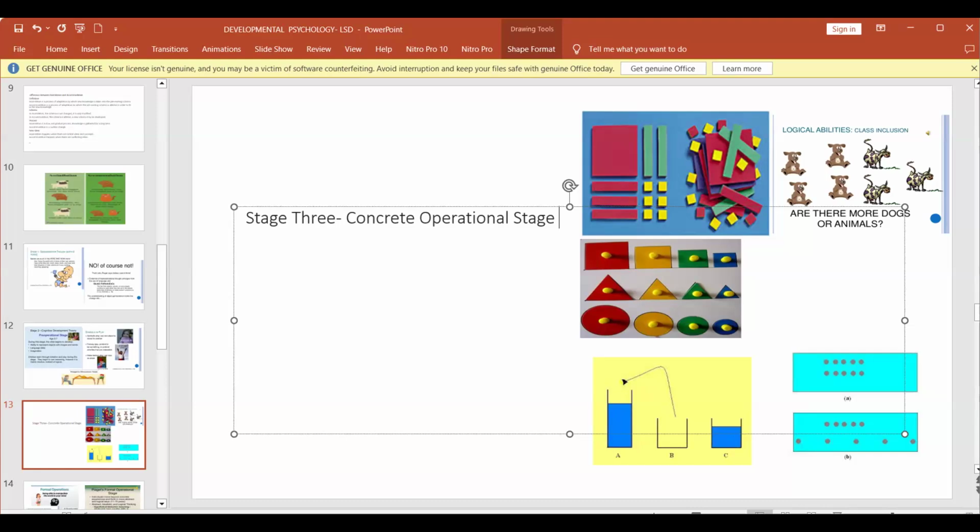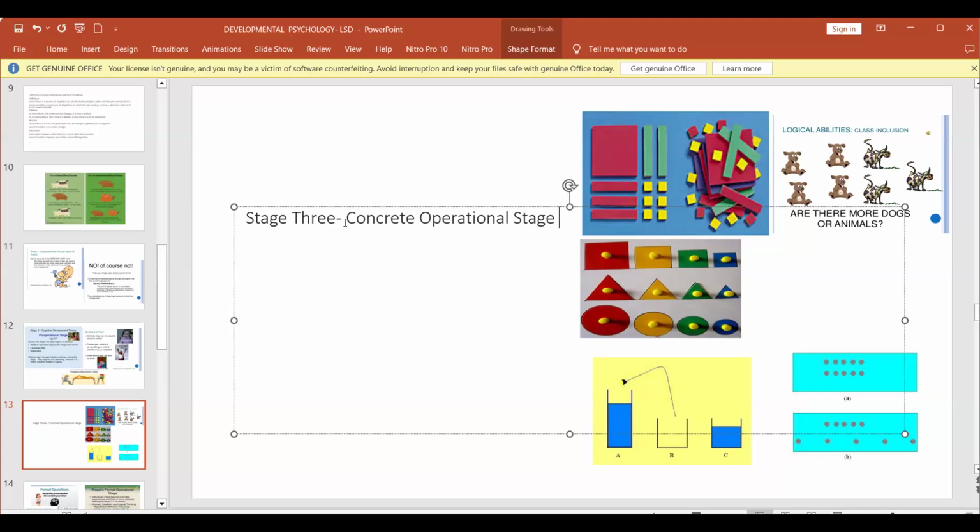That is not possible. So you have to create concrete experiences for them. That is why in grade 1, to teach numbers, you use an abacus. To teach words, you use visual aids and realia, because then you're creating concrete experiences for them.